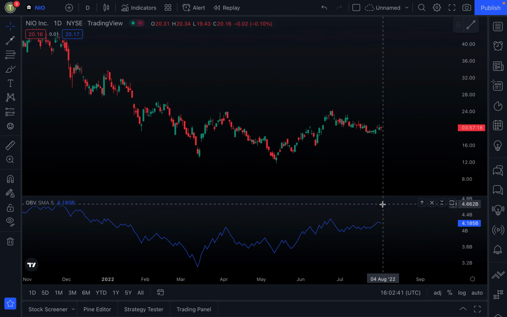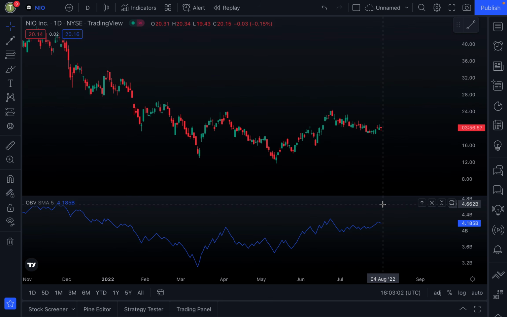Now, what does the OBV tell us? So the OBV measures buying and selling pressure as a cumulative indicator, adding volume on up days and subtracting it on down days. So I actually want to quickly show you guys how this is calculated.